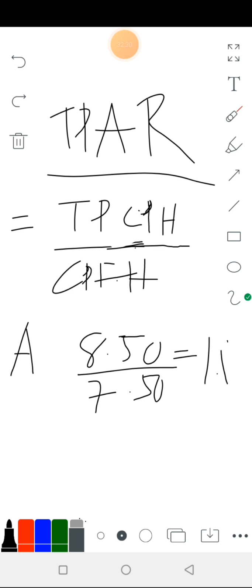1.13. This writing of mine. 1.13. This is a point, there is a dot. 1.13.